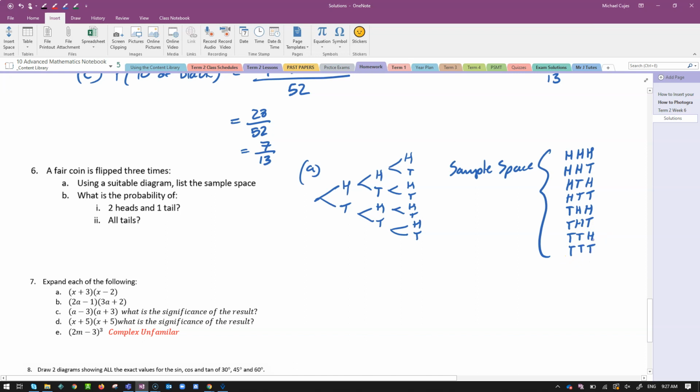So the sample space is what you get at the end of each of those branches of the tree. Probability of 2 heads and 1 tail. 1, 2, 3. 3 out of 8. All tails, 1 out of 8.